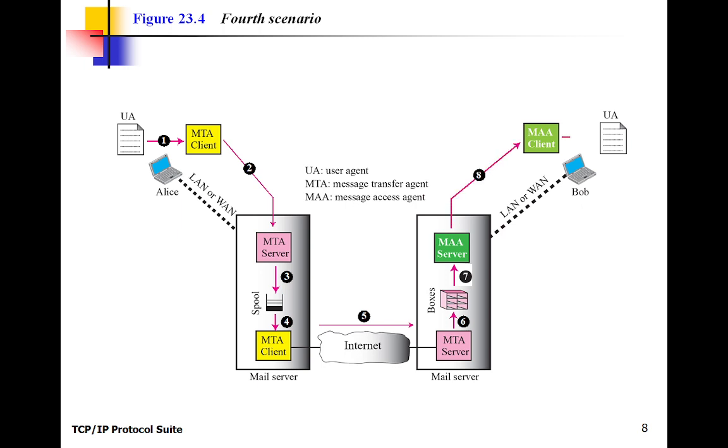From the message access agent to message access client, then user agent. So there are 9 steps that have been followed. So here you can differentiate that in each and every scenario there are two different kinds of additional components we are following.